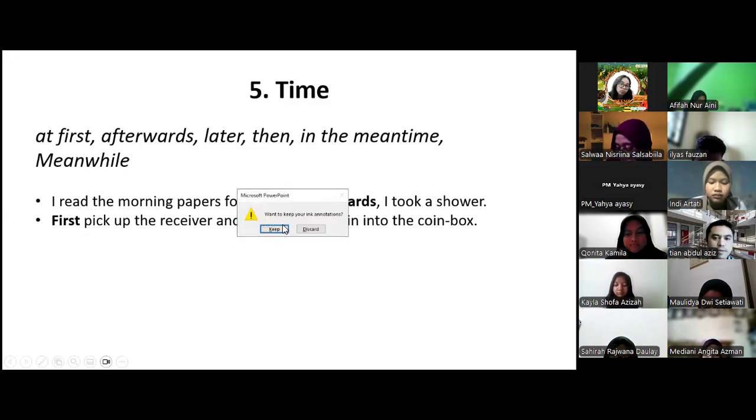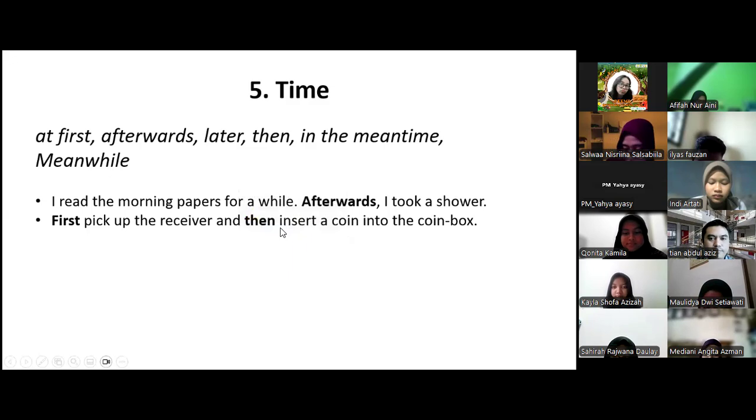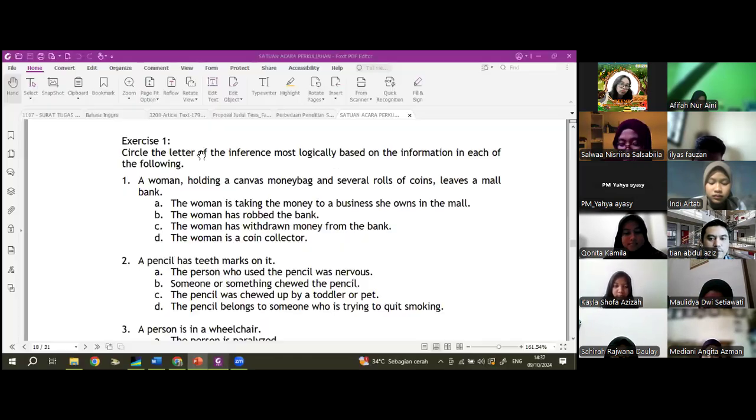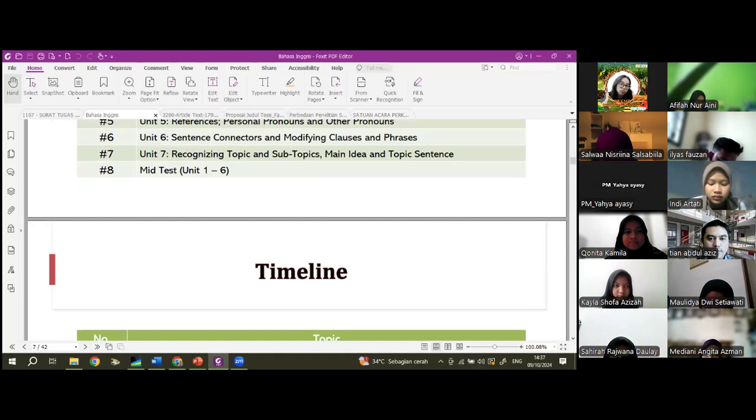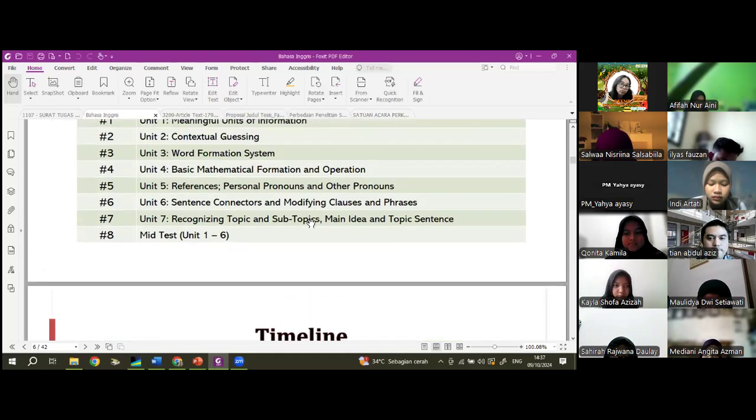The seventh meeting will be about recognizing topic and subtopic, main idea and topic sentence, and it could be an explanation about modifying clauses and phrases.